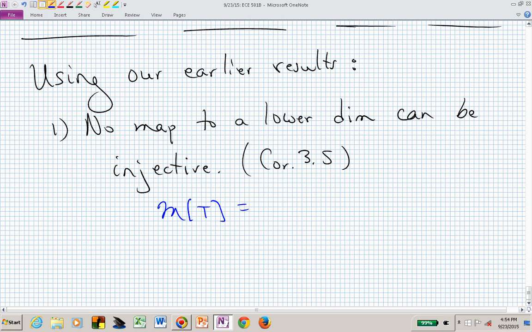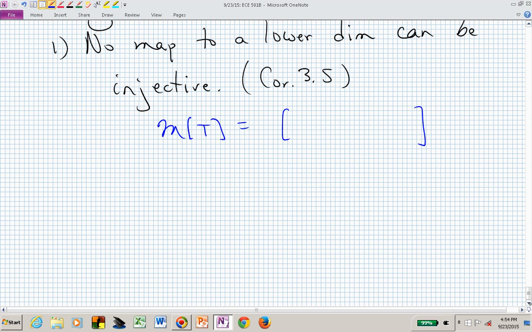So this matrix-wise looks like that. And when you see that matrix, you know you have a non-trivial null space. This is a non-injective map. That's corollary 3.5.